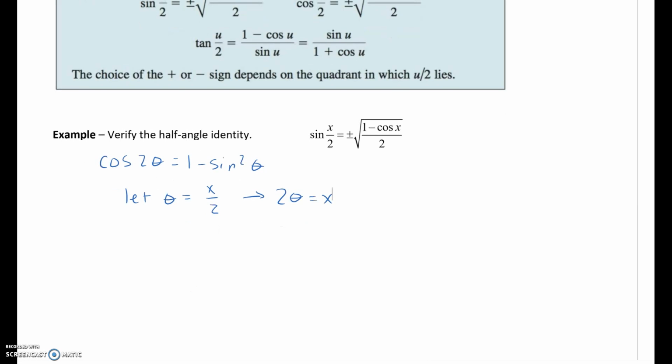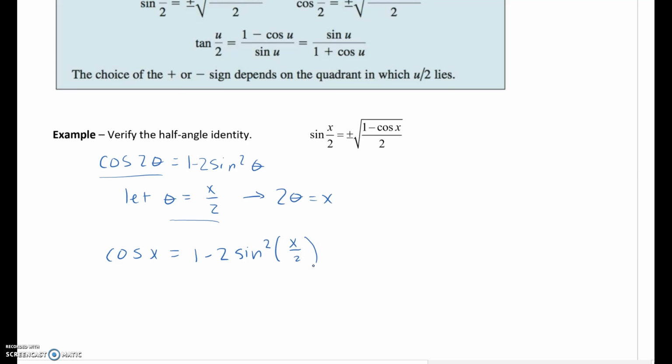So if 2 theta equals x, then using this right here, the cosine of x equals, oops, 1 minus 2 sine squared, sorry. 1 minus 2 sine squared x. Okay, so cosine of x equals 1 minus 2 sine squared of theta, but we're going into x's now, so theta is the same as x over 2.